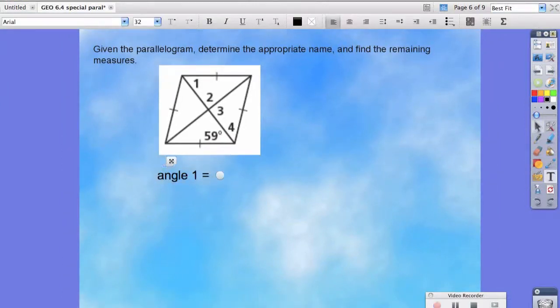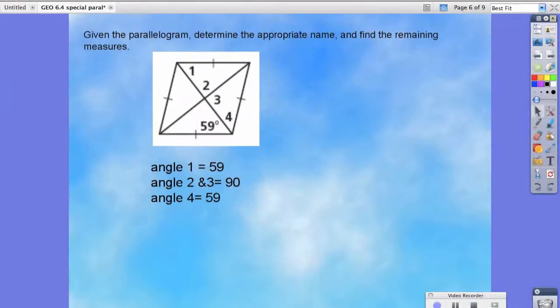We know that angle 2 and 3 are 90 degrees, because the diagonals of a rhombus are perpendicular. Then angle 4, because a diagonal bisects the angles, is also 59 degrees. Because none of them are right angles, we just know it's a parallelogram and a rhombus, and that's all.